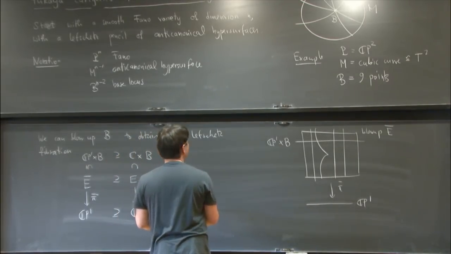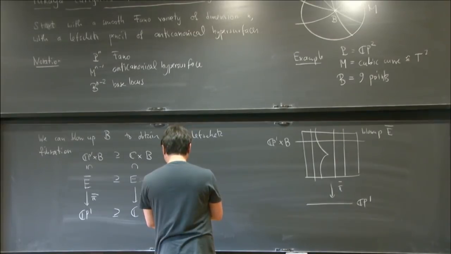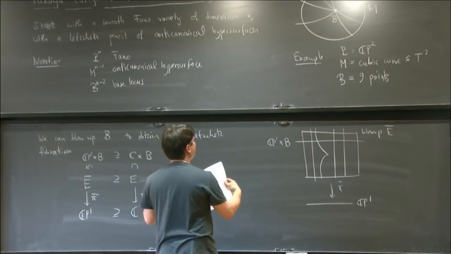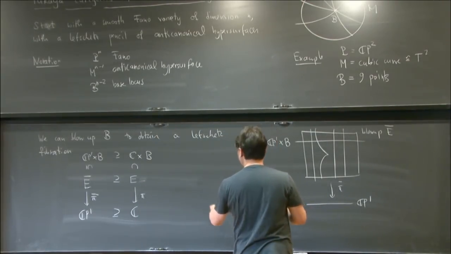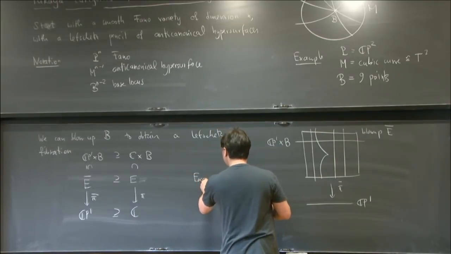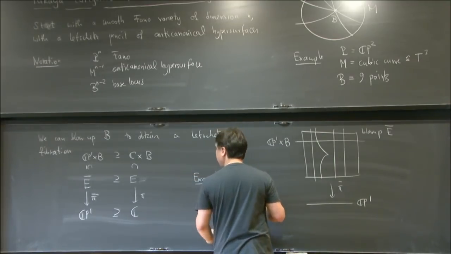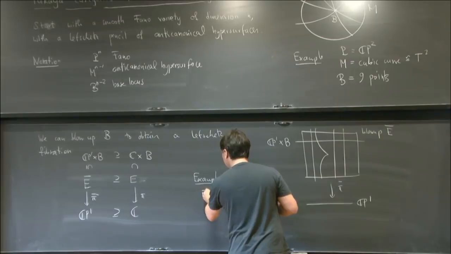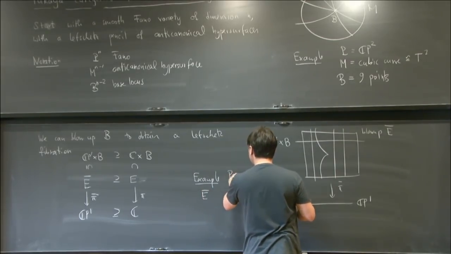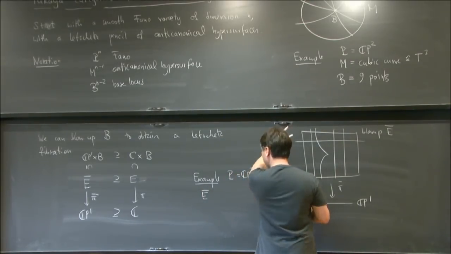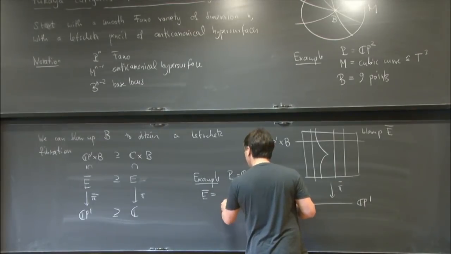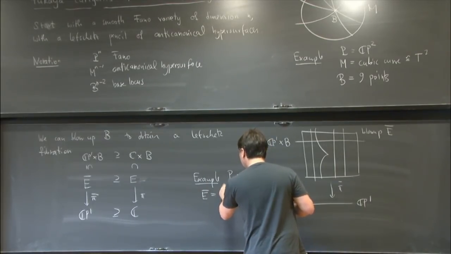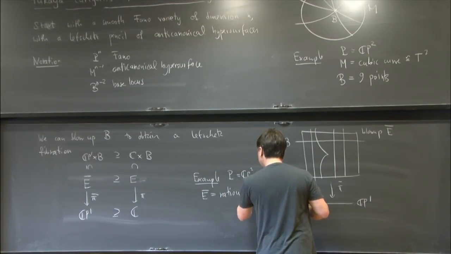In our running example, if P is CP2, then E bar would be CP2 blown up at 2 points, what's called a rational elliptic surface.